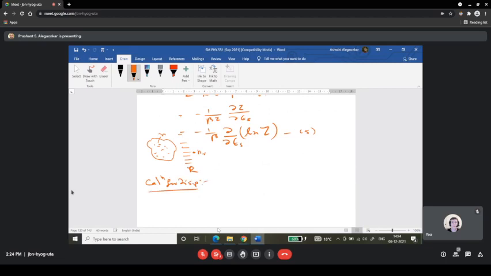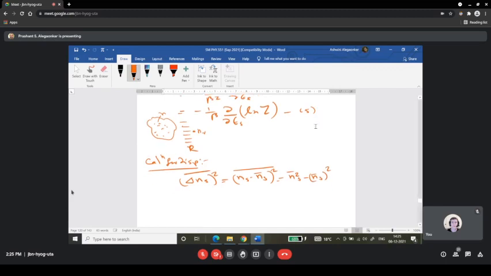We can write the expression for dispersion like this: the mean of (Δn_s) squared is equal to the mean of (n_s minus n_s bar) squared, which is the mean square minus the square of the mean, so you will get n_s squared bar minus n_s bar squared. We will call this relation number 6.